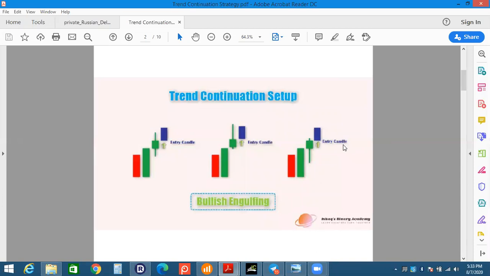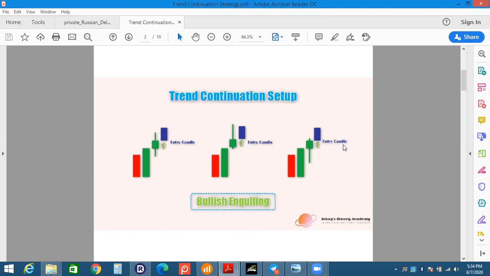So that is trend continuation setups after price action pattern. Some days before, I and 15 other members did a little research, and we got more than 300 to 400 pictures on these setups, just to analyze what the reaction on the next candle is when certain single candlestick patterns appear after a price action pattern.